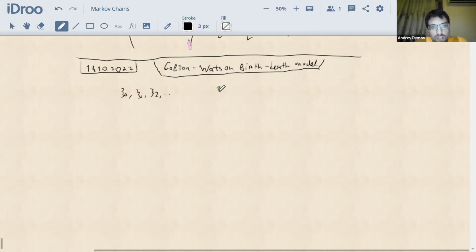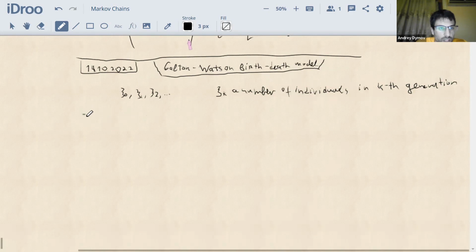More generally, xi k is a number of individuals in the k-th generation. What does it mean? At the initial moment of time, we have xi0 individuals.